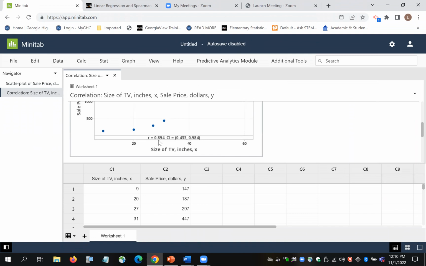It does provide the R value at the bottom of the graph. See, it says R equals 0.894.